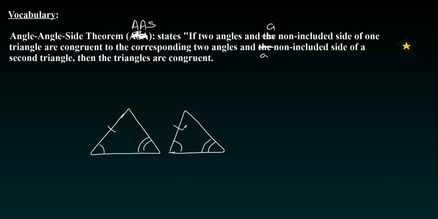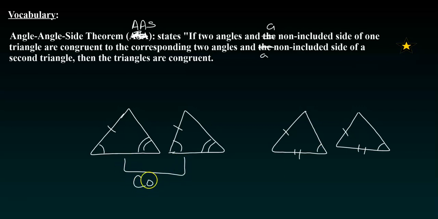The other thing to note is that if you have this side congruent and this side congruent and an angle that is not included congruent, we cannot necessarily state that the two triangles are congruent by AAS.